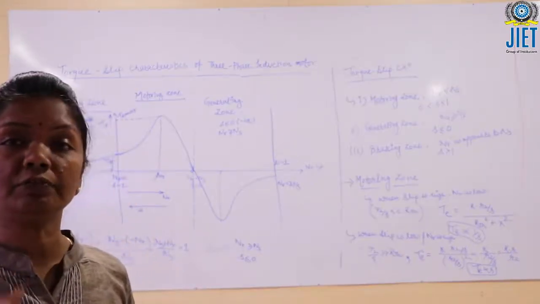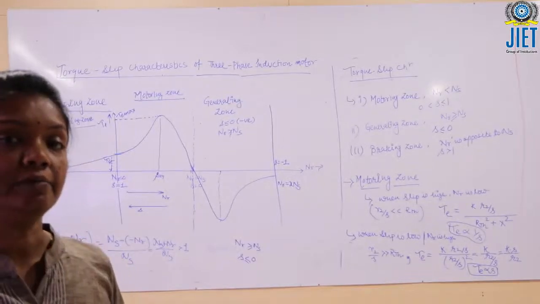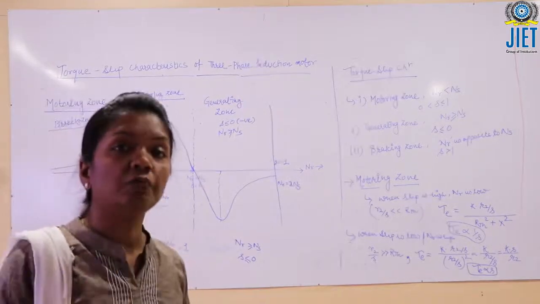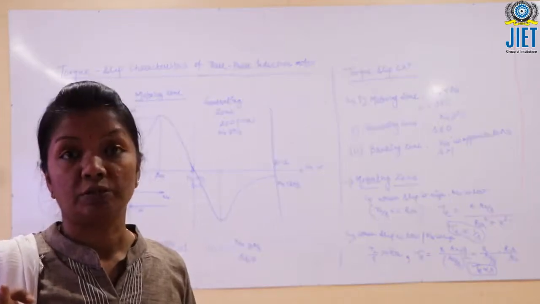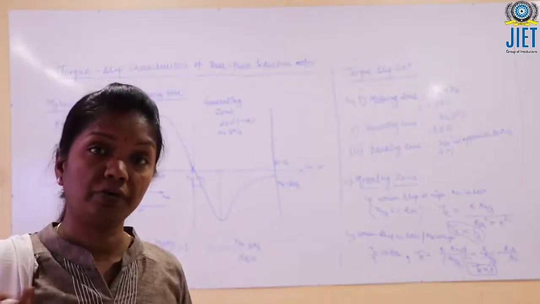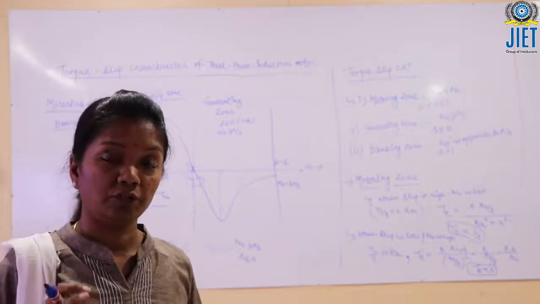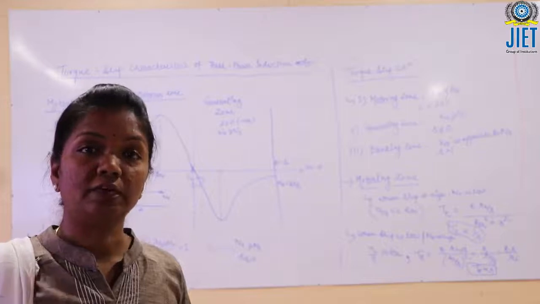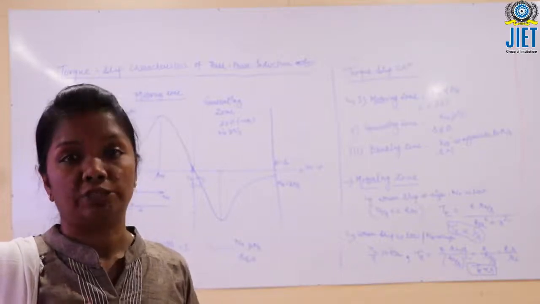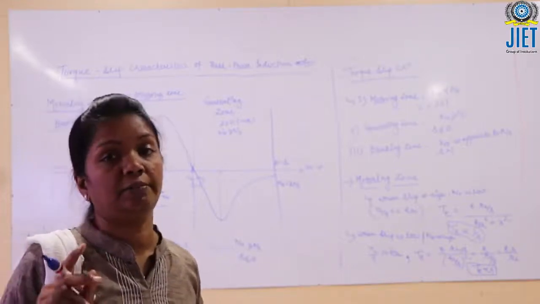So if the phase sequence is reversed, at that time the direction of revolving magnetic field also gets opposite. So how can we change the phase sequence? For that, any two terminals of the stator winding are to be exchanged, keeping the third same.